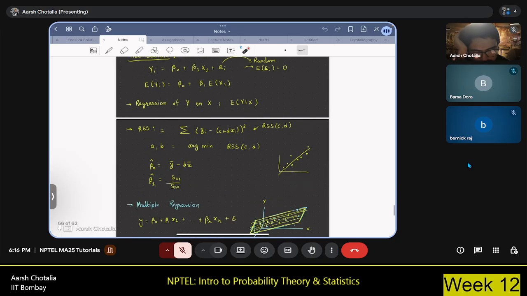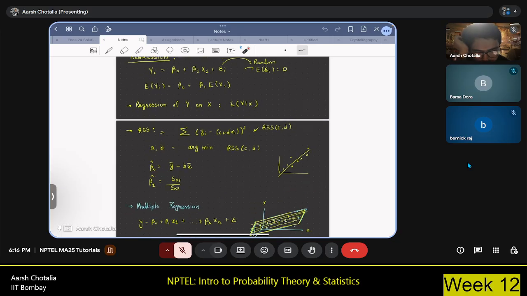Okay, so that we denote by beta naught cap. So I can say a is equal to beta naught cap and b is beta 1 cap. So beta 1 cap would be given by Sxy by Sxx. Okay, this is very important.